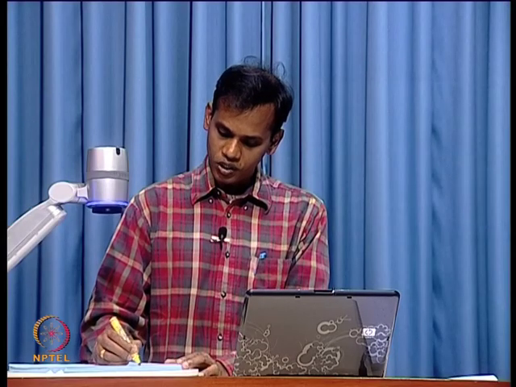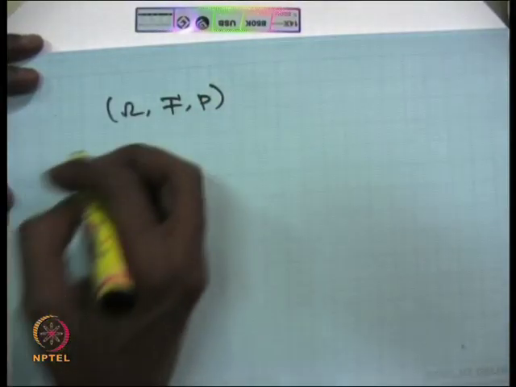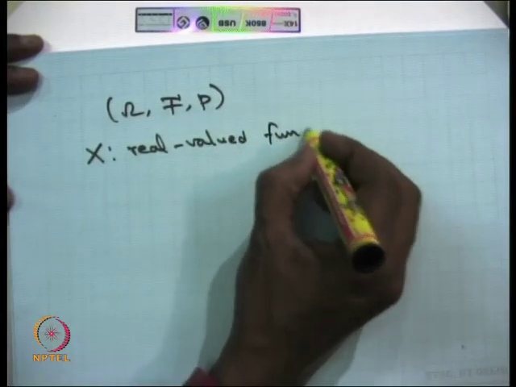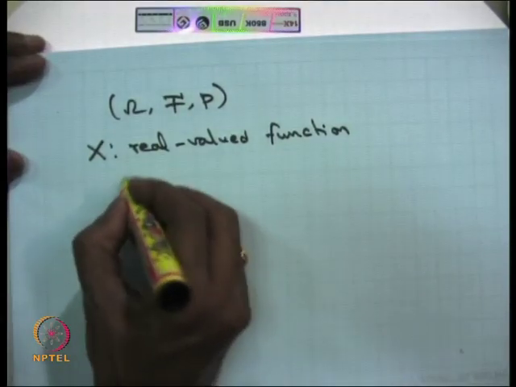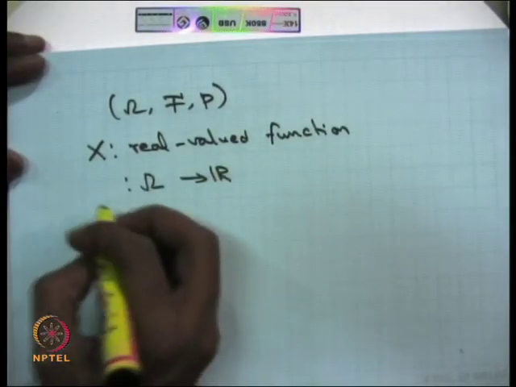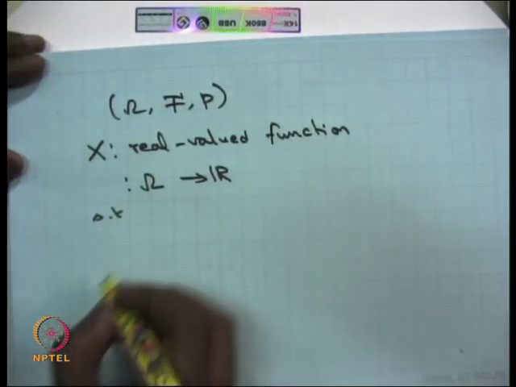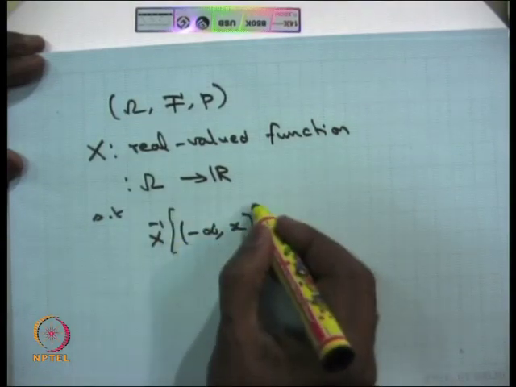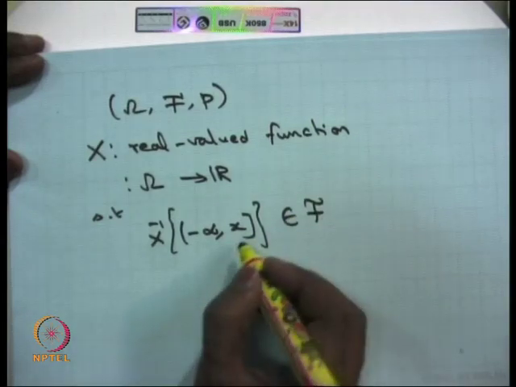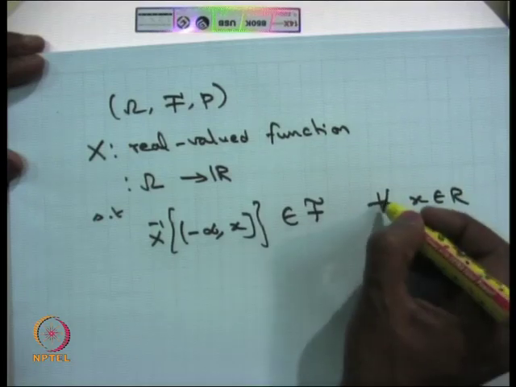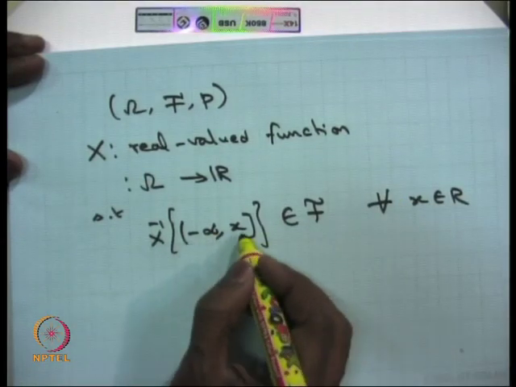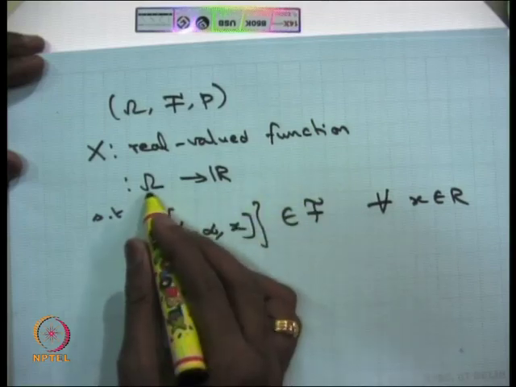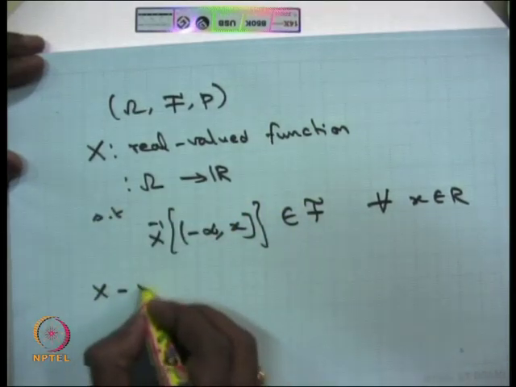That means, you started with a probability space, and you define a real valued function which maps omega to R, such that the inverse image of any x in the real line, that is the inverse image of minus infinity to x, belongs to F. If this condition is satisfied by a real valued function which maps from omega to R, then it is called a random variable.